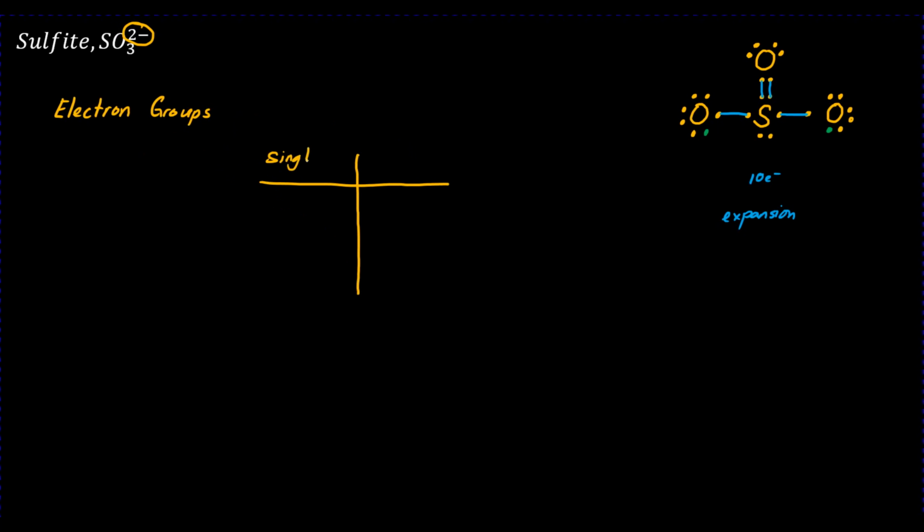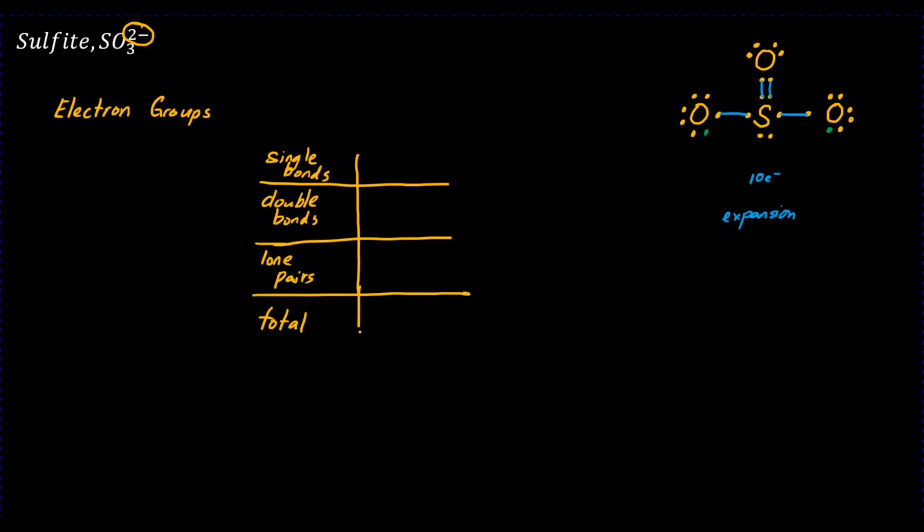Count the number of single bonds. Count the number of double bonds. Count the number of lone pairs. And then add the total.